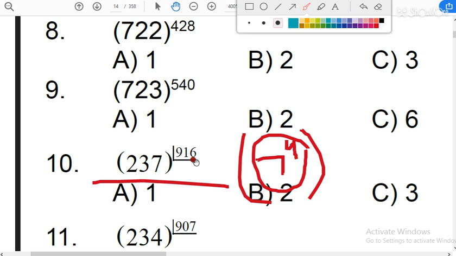Factorial 916. Okay, factorial 916 is given. Students, just wait, I have to think about this question.